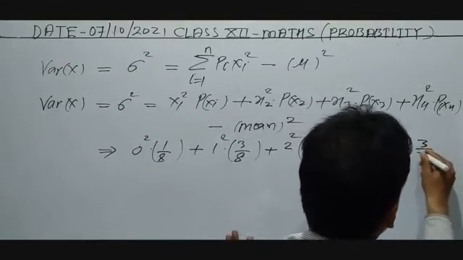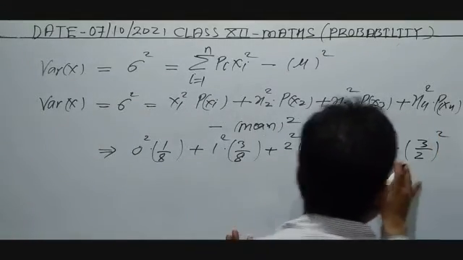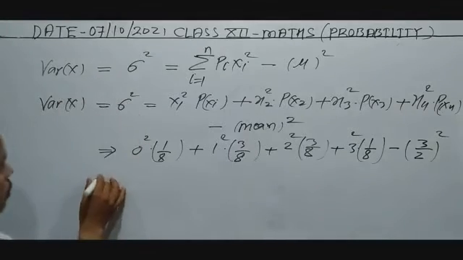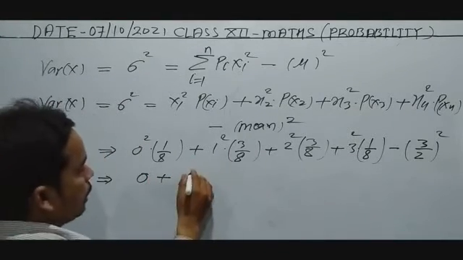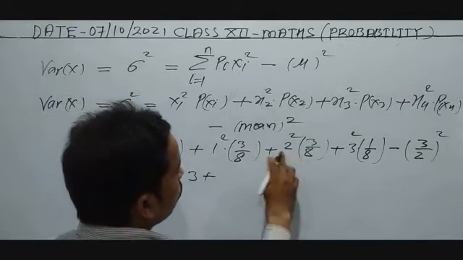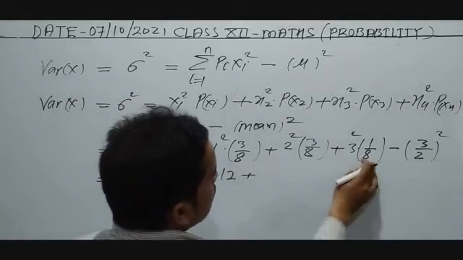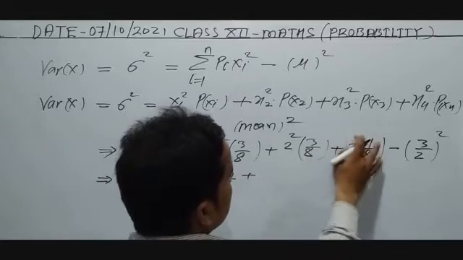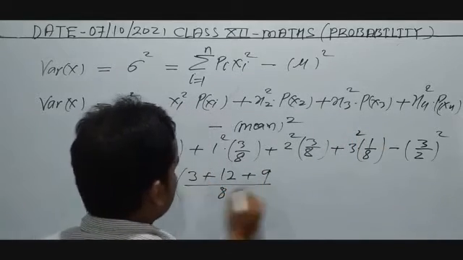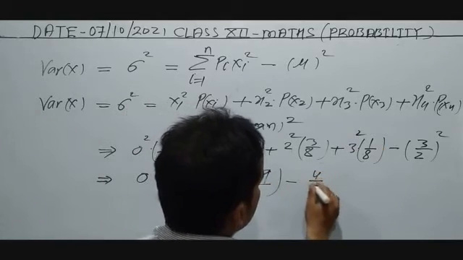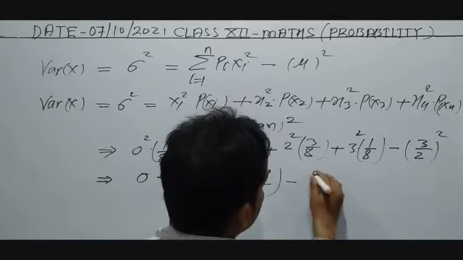The mean result I have calculated is 3 by 2, so 3 by 2 whole square. Now this result will be 0, this will be 3 by 8, this will be 4 3s, 12 by 8, and this will be 3 square, so 9 by 8, minus 9 by 4.